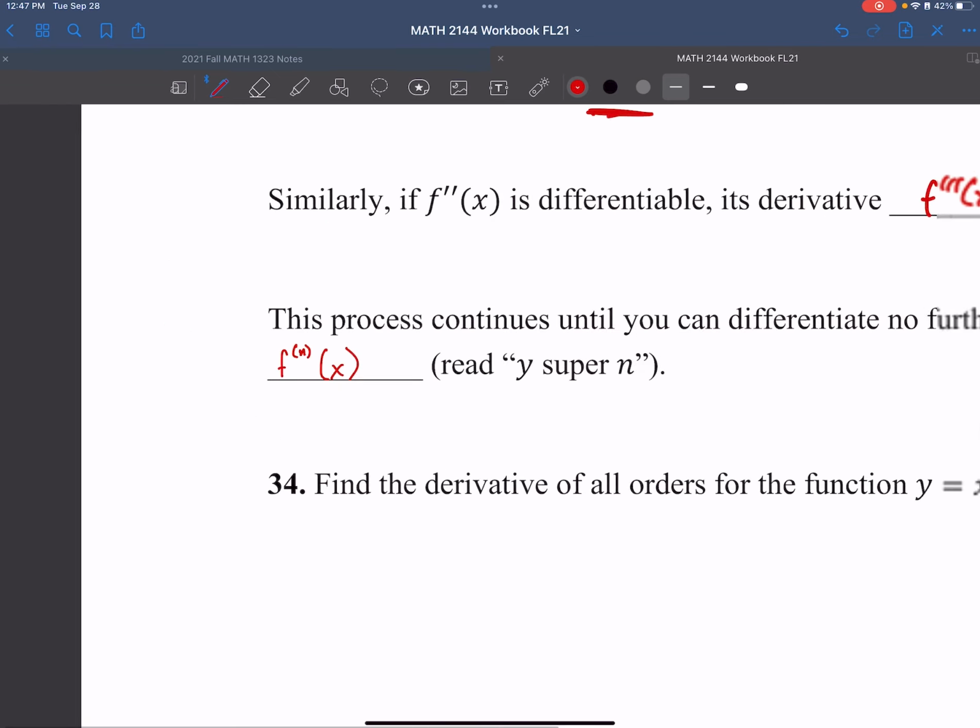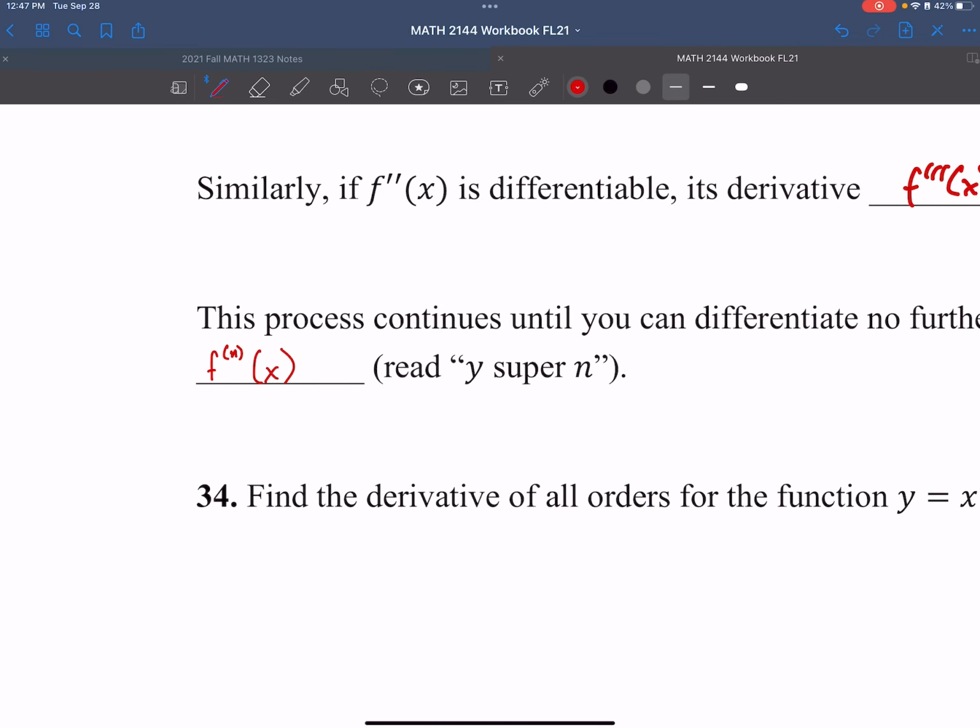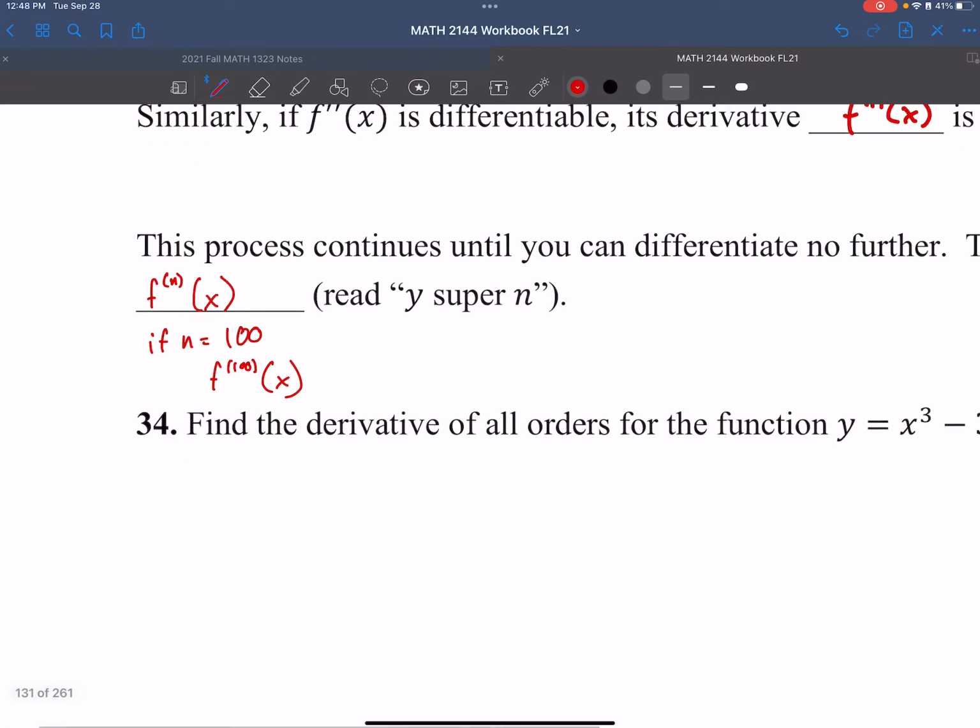So instead of saying f triple prime, you would say something like f super 10. It's just a notational convention. This is the nth derivative. For example, if n is equal to 100, f super 100 of x is the 100th derivative. So, man, 100 derivatives on a test. Not as bad as it seems.